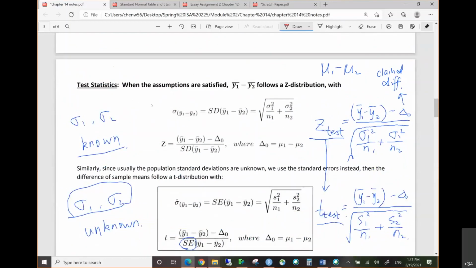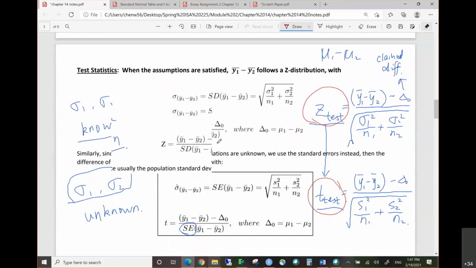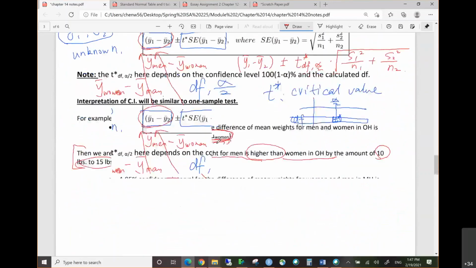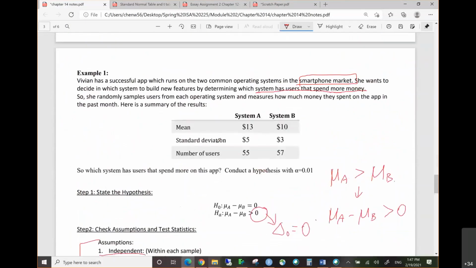We have either the z-test statistics or the t-test statistics. We need to decide which one to use. So in our example, do you use the z-test statistics or the t-test statistics?